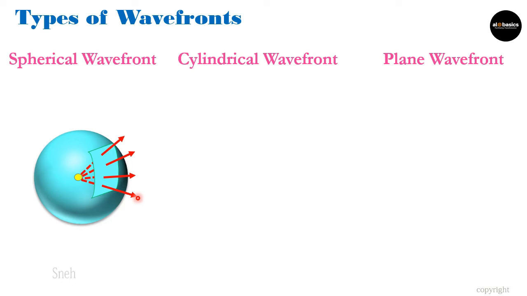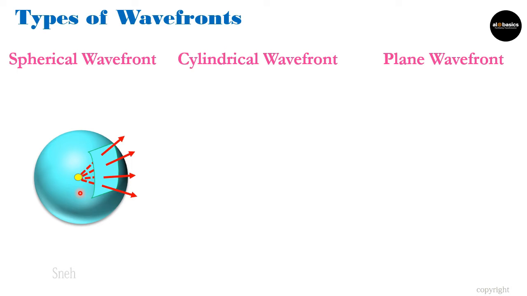What is a wave normal? A wave normal is a perpendicular drawn to the wavefront. Now these wave normals, we can see that they are radial and diverging. This is the spherical wavefront for which I have used a point source of light.